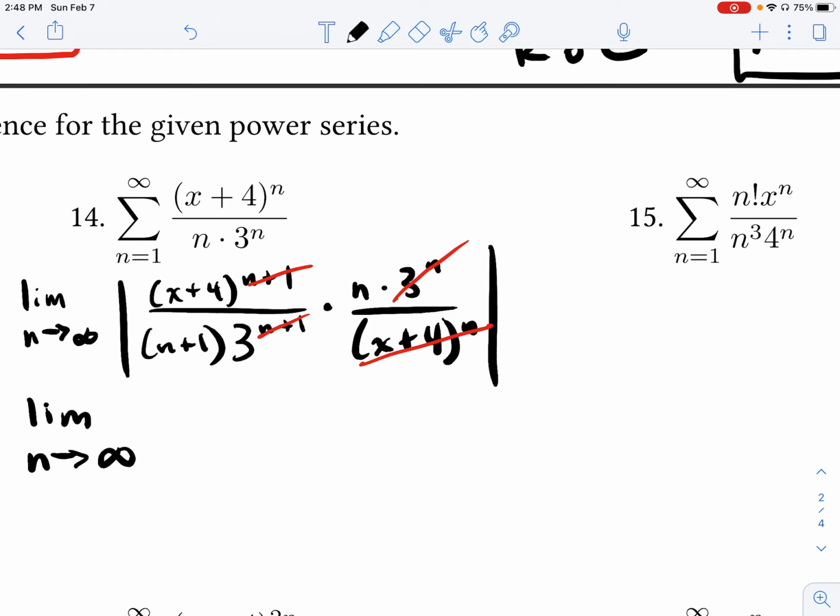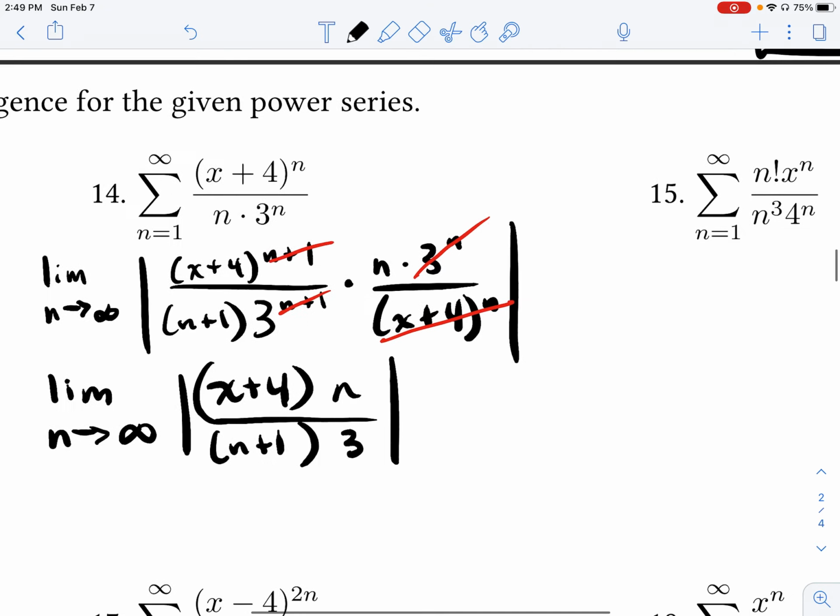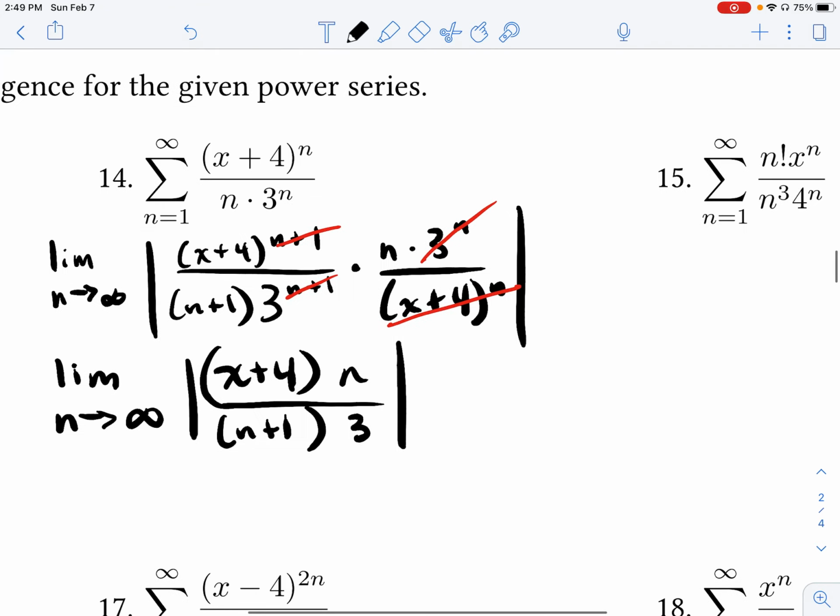So the limit as n approaches infinity of, we have x plus 4 times n all over n plus 1 times 3. And we're checking to see when would this be less than 1. So what is the limit of all of this? Well, I'm going to move everything that isn't affected by me finding the limit to the outside.